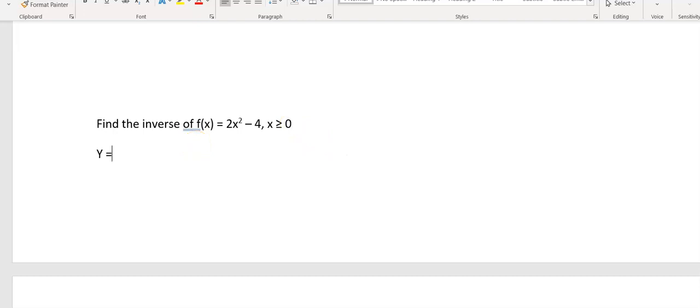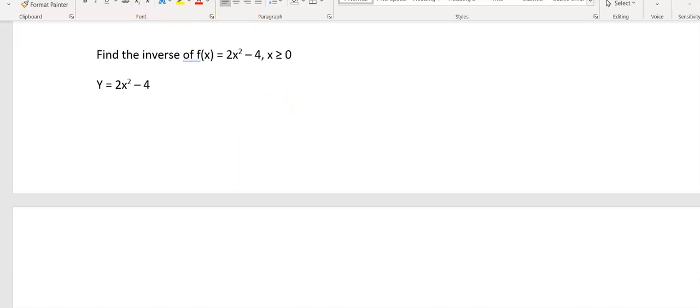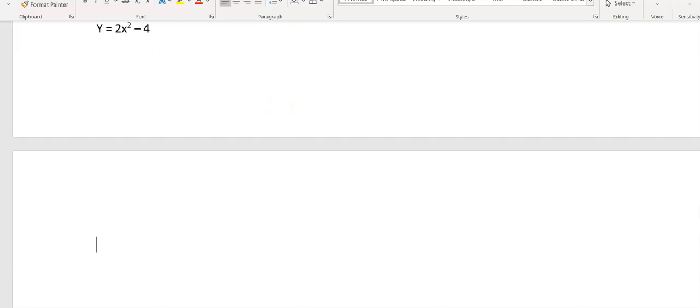Change f of x to y. Switch the x's and the y's. So we'll have x equals 2y squared minus 4.